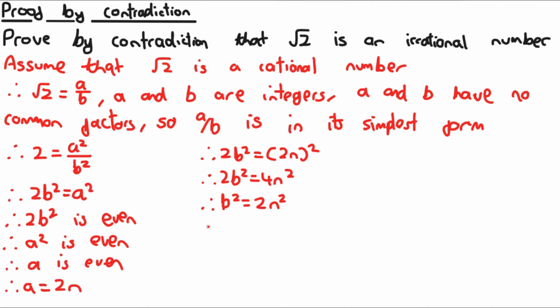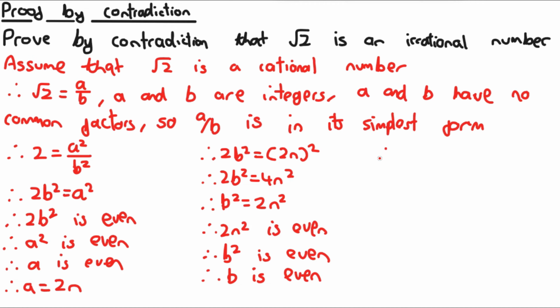So 2n squared is even for the same reasons, because we're timesing any integer here by 2, so it's going to be even. And as these two sides are equal, therefore b squared is even. So as before, because a squared is even, a is even, and as b squared is even, b is even.